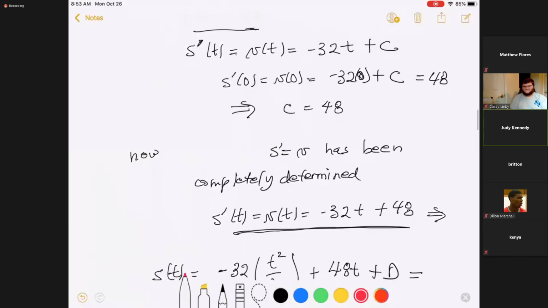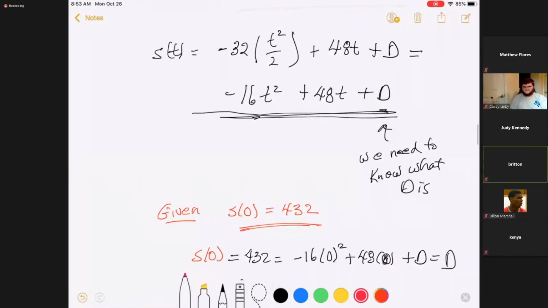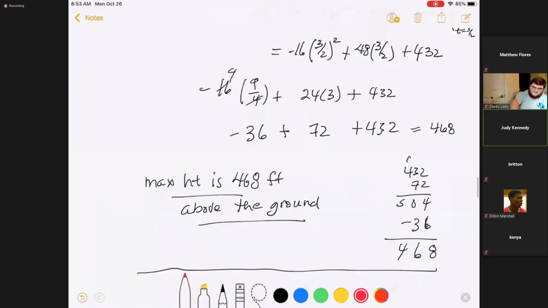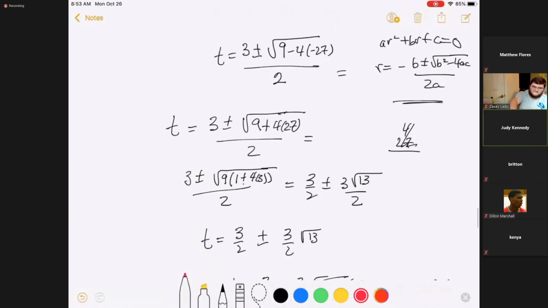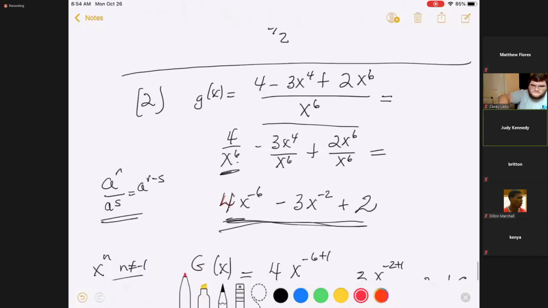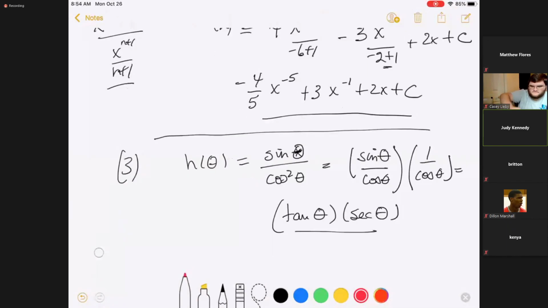Right. And so my derivative is secant theta, tangent theta. Oof, down here somewhere. So capital H of theta would be secant of theta. And you still get to add a constant.